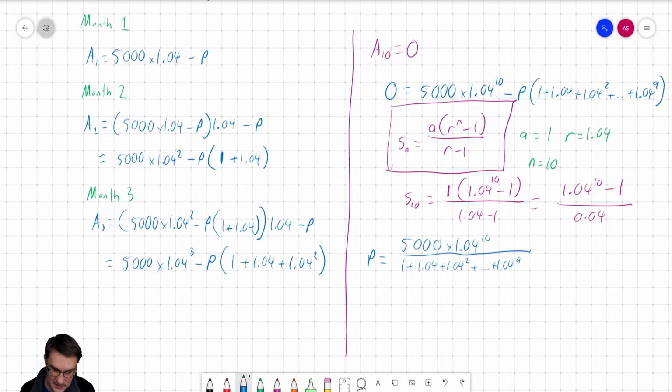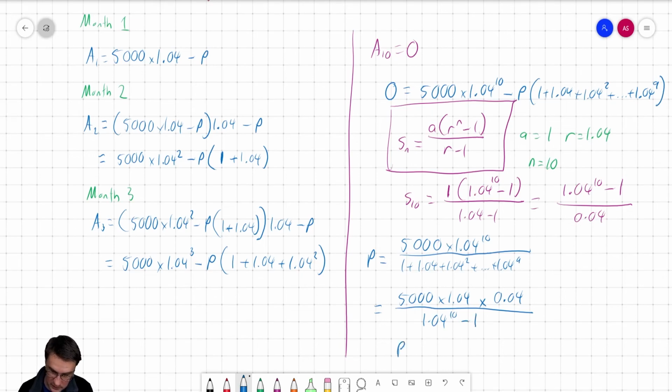Now we know that that denominator can be replaced. So as we do that now, we end up with $5,000 times 1.04 to the power of 10. Now it's going to be replaced with this here, of which we need to also flip it because we're dividing by it. So since we're dividing by it, that means when we flip it, it changes to a multiplication. So it's going to be 0.04, and that's going to be all over 1.04 to the power of 10 minus 1.